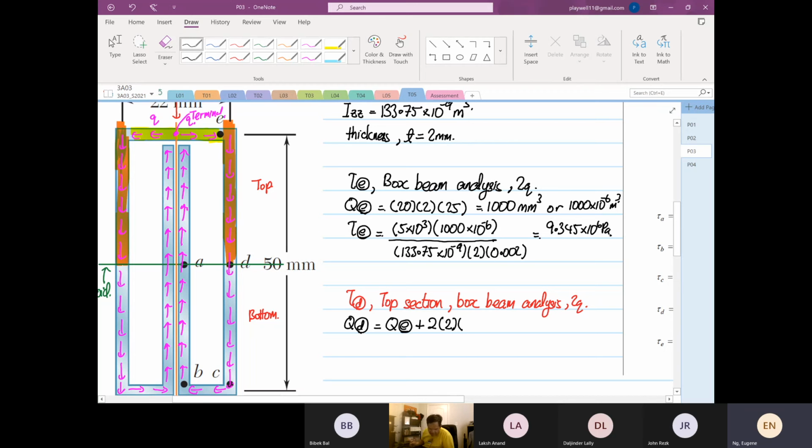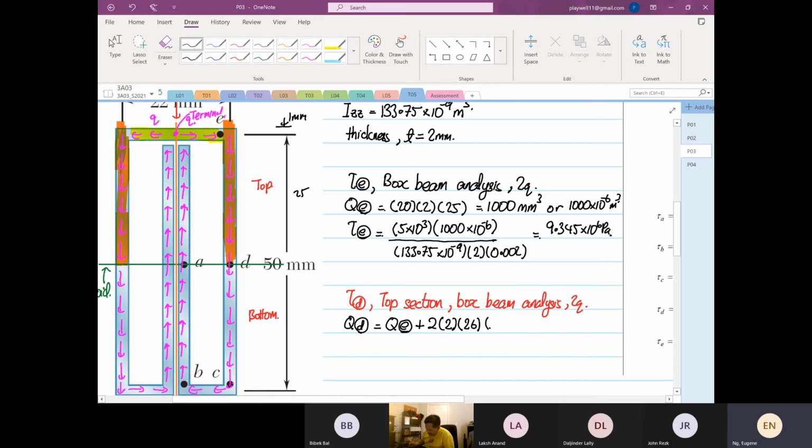The depth: this here to here is 25, and here is 1 millimeter, because all these are taken at the center. So it's going to be 26.